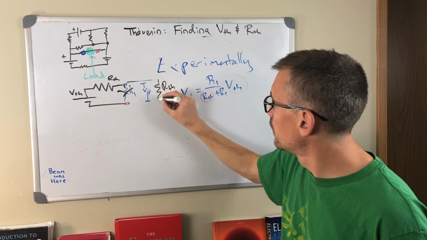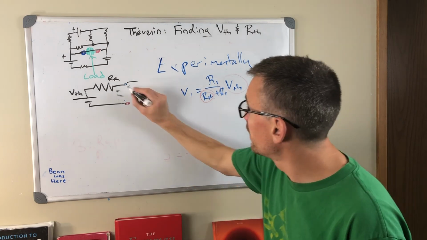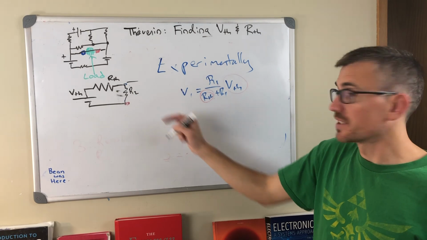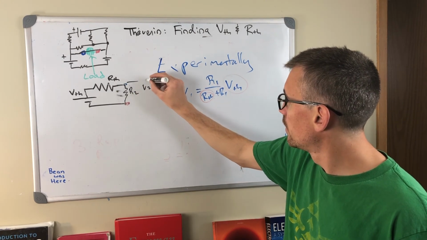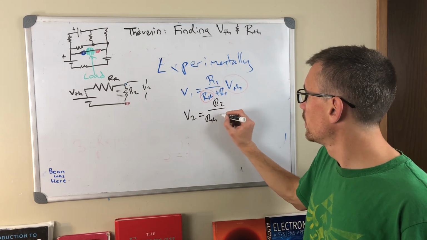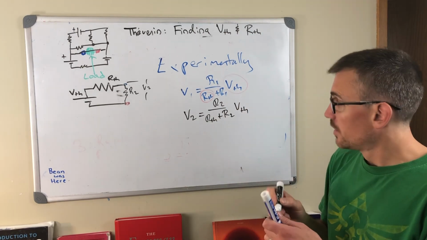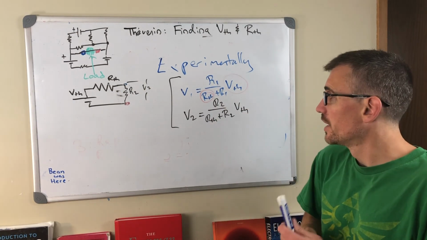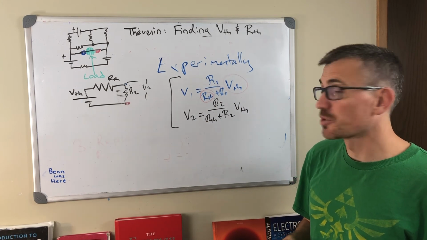We'll plug in R2, and we're going to measure a different voltage across that different resistance. We can measure V2 is equal to R2 over R-Thevenin plus R2 times V-Thevenin. So already we have two equations and two unknowns, and we can solve for V-Thevenin and R-Thevenin algebraically from there.